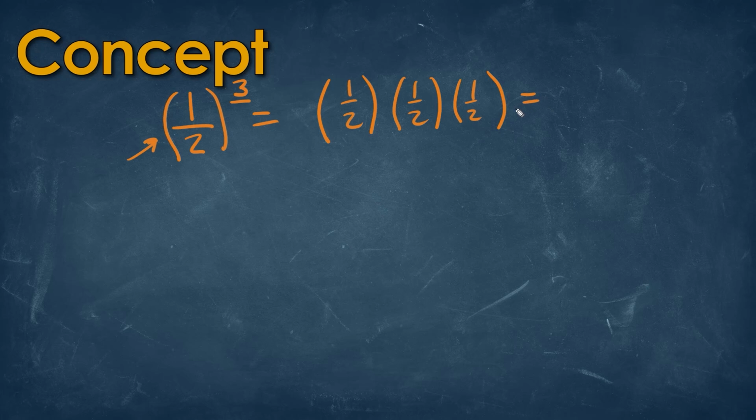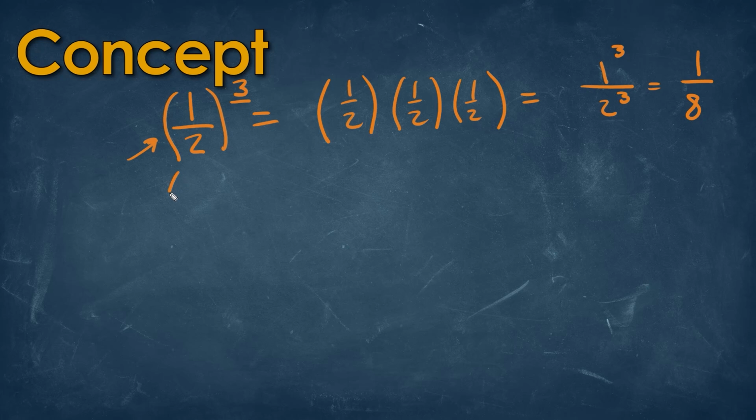But we can also simplify this and see it as 1 raised to the 3rd power over 2 raised to the 3rd power. So we can take that cube and put it on the top and put it at the bottom. So we can see this as 1 times 1 times 1, which is 1. 2 raised to the 3rd power will give us a value of 8.